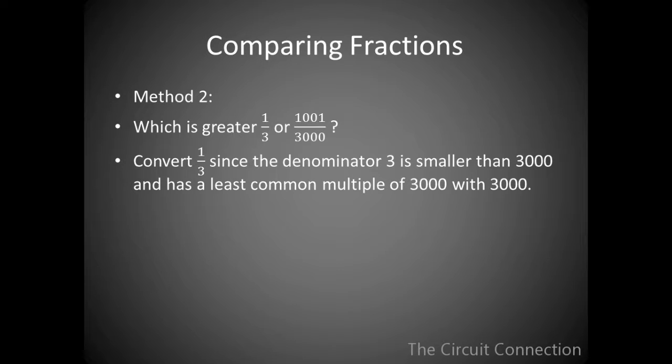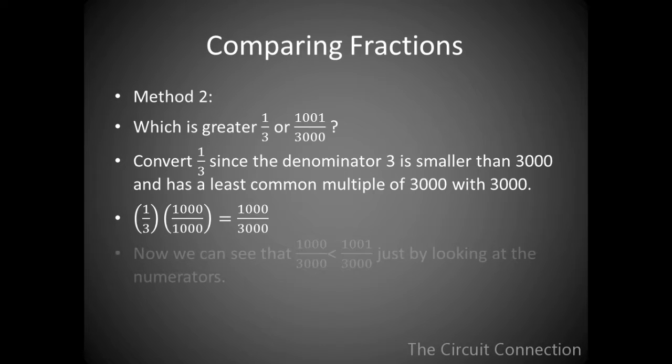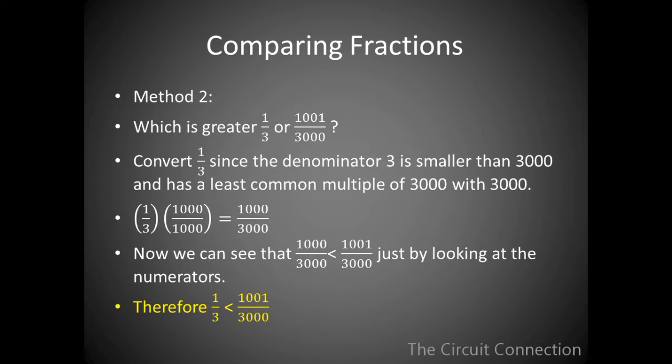Convert 1 over 3, since the denominator of 3 is smaller than 3000 and has a least common multiple of 3000 with 3000. So 1 over 3 converted to have a denominator of 3000 gives us 1000 over 3000. Now we can see that 1000 over 3000 is less than 1001 over 3000 just by looking at the numerators. Therefore, 1 over 3 is less than 1001 over 3000.